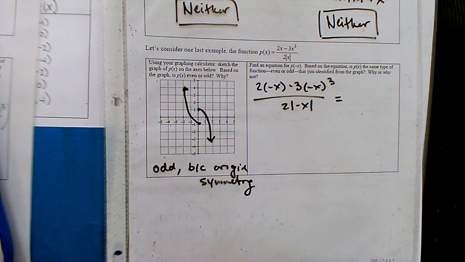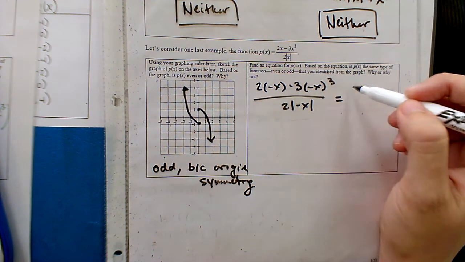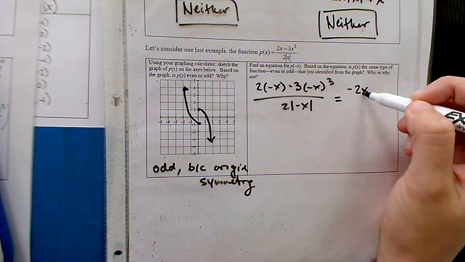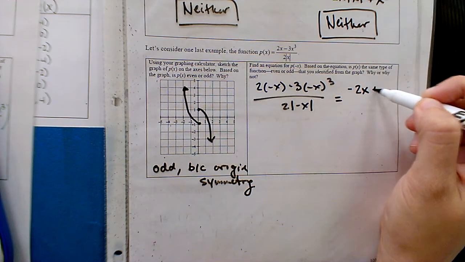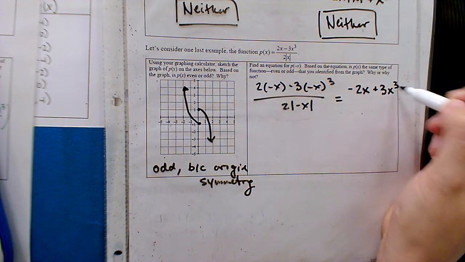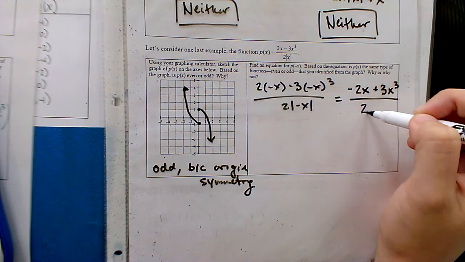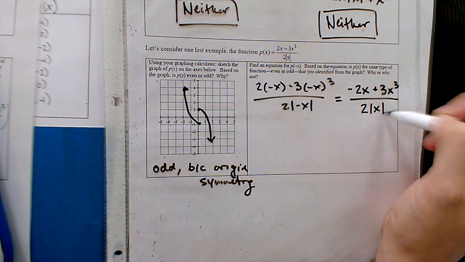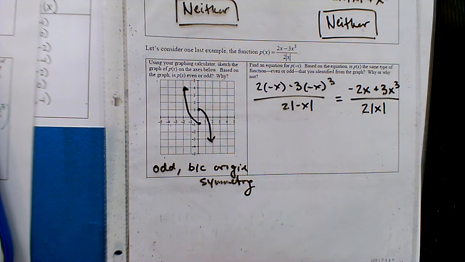It should come out to be the opposite of what we started with, so let's make sure we can get there algebraically. So negative 2x plus a 3x cubed over 2 absolute value of x. Is that the opposite of what we had?